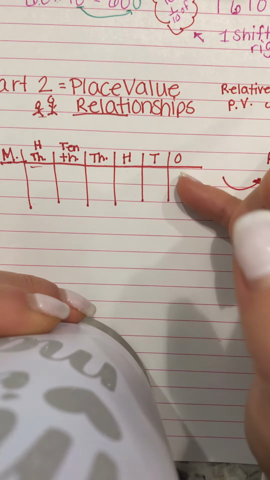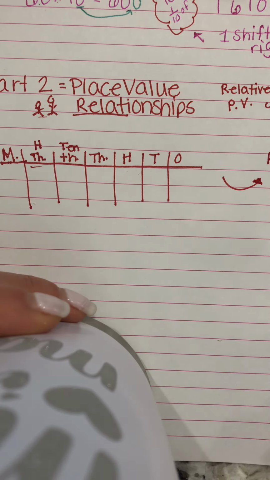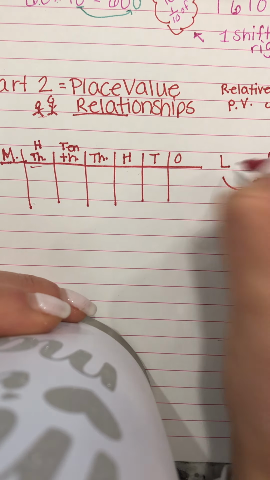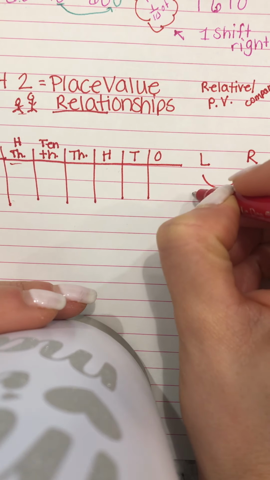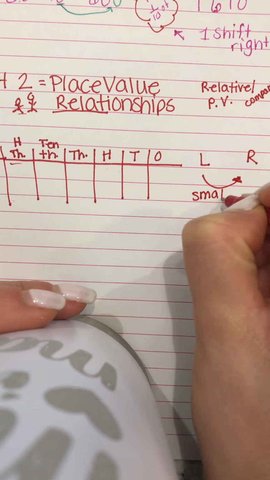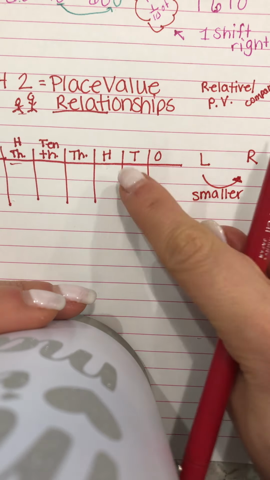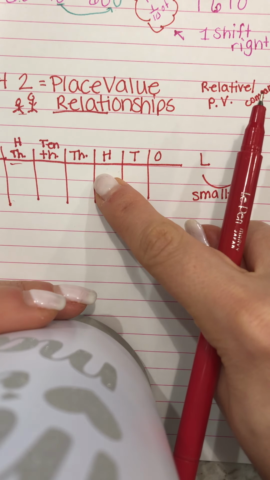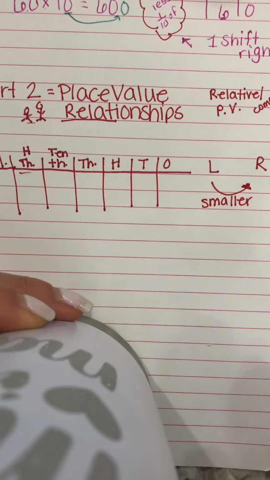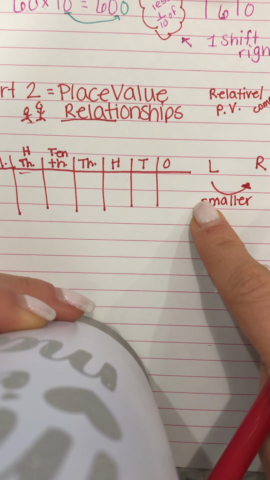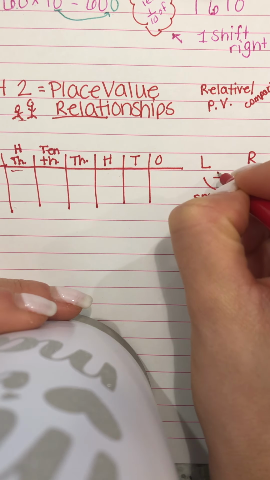If you're going left to right, the value's getting smaller. If we start off with 6, we just had like 600s, and we move to the tens place, it's getting smaller. That's going to be division.